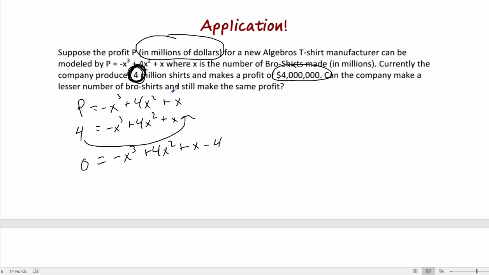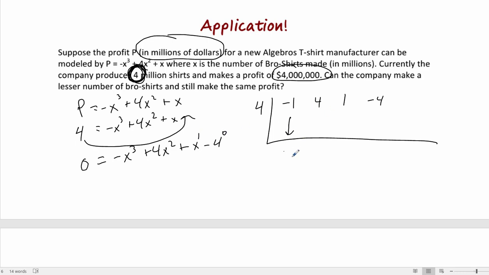That means that this 4 million shirts makes the $4 million. Therefore, I know that this number 4 is going to be a 0 of my function. So now I'm going to take the coefficients of my function and plug it in. -1, 4, 1, and -4. Right, it goes in order, 3, 2, 1, 0.